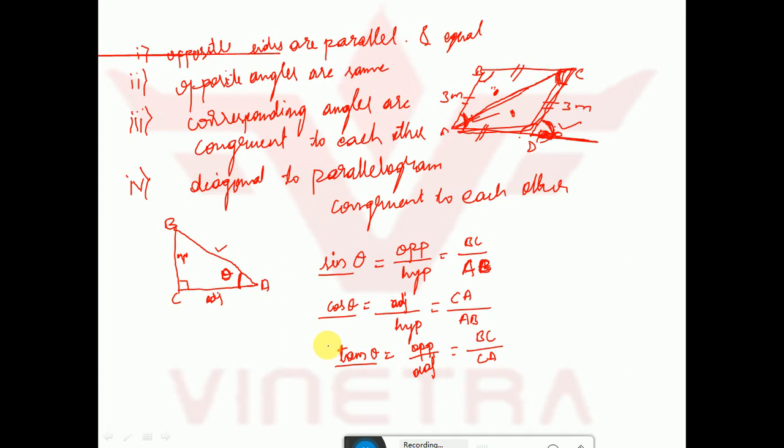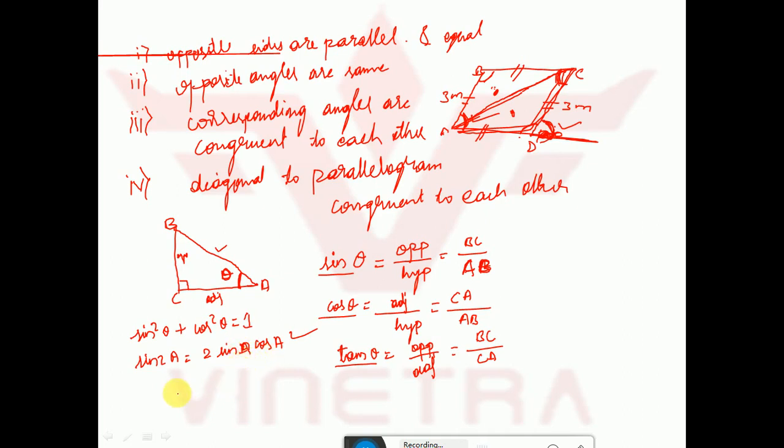Apart from that, a few basic trigonometric identities are sine square theta plus cos square theta is equal to 1. Sine 2a is equal to 2 times sine a cos a. This we have read in mathematics, called half angles.